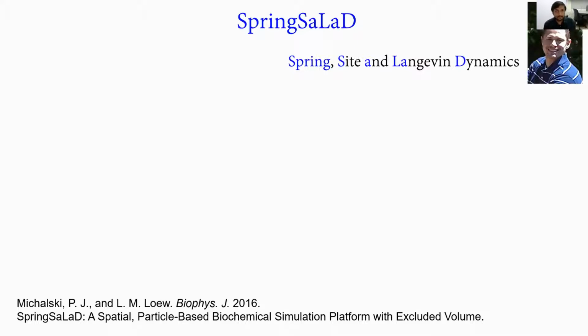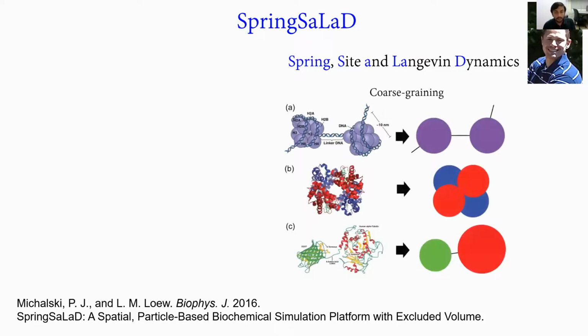Let's take the first 2 terms, spring and site. If you have a biomolecule, I'm showing 3 examples here, you can do something which in the simulation field is called coarse graining. Coarse graining means you are reducing the resolution, and with this appropriate resolution, you can represent the biomolecule in a coarse-grained way.